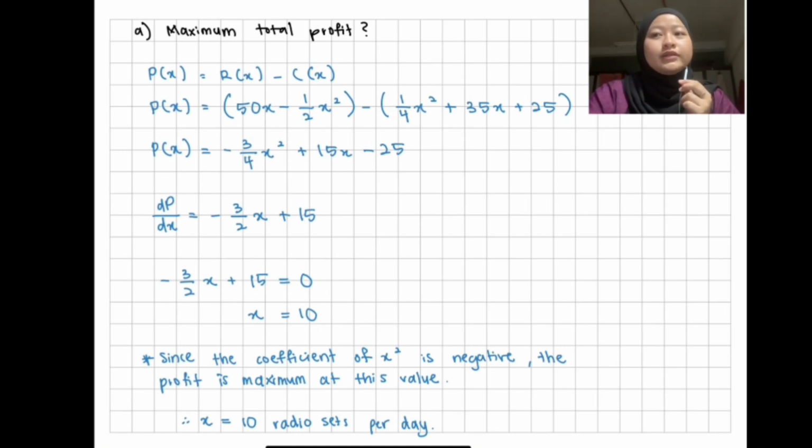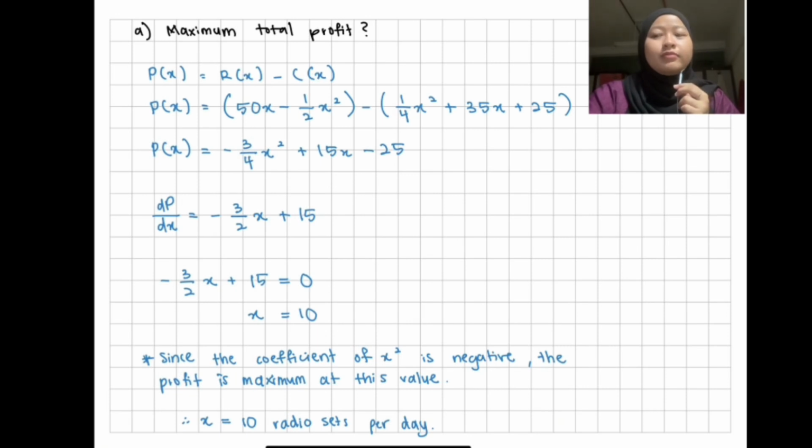Question A asks for maximum total profit. So you can get the profit P(x) first, which is R(x) minus C(x), and we will get P(x) equal to negative 3/4 x squared plus 15x minus 35.